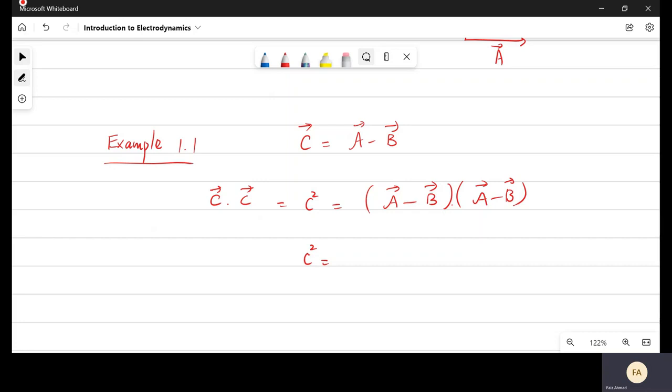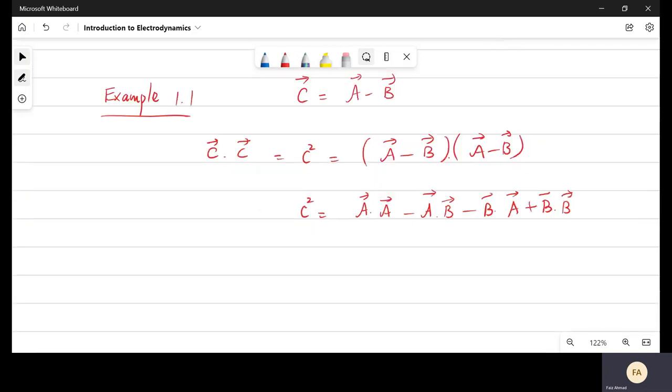So the right side will become A dot A minus A dot B minus B dot A plus B dot B. So it turned out to be A square plus B square minus 2AB, as the dot product is commutative, we can take B dot A to A dot B and then we can add them.